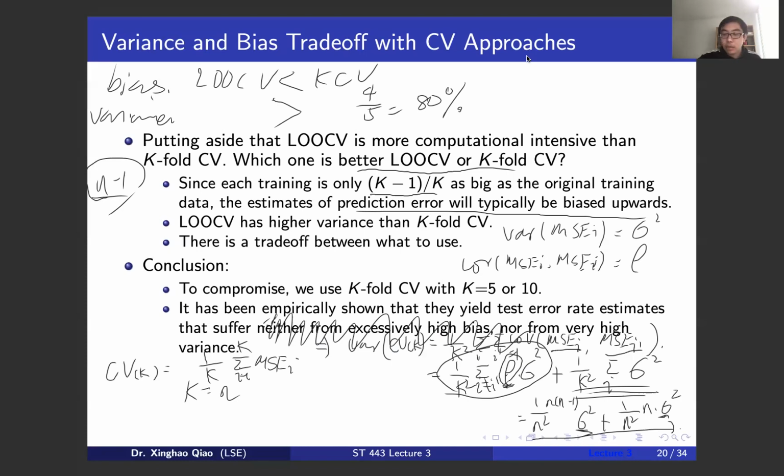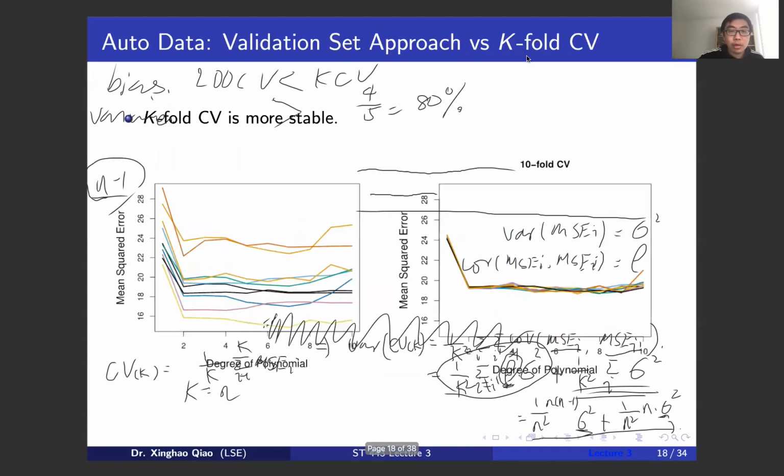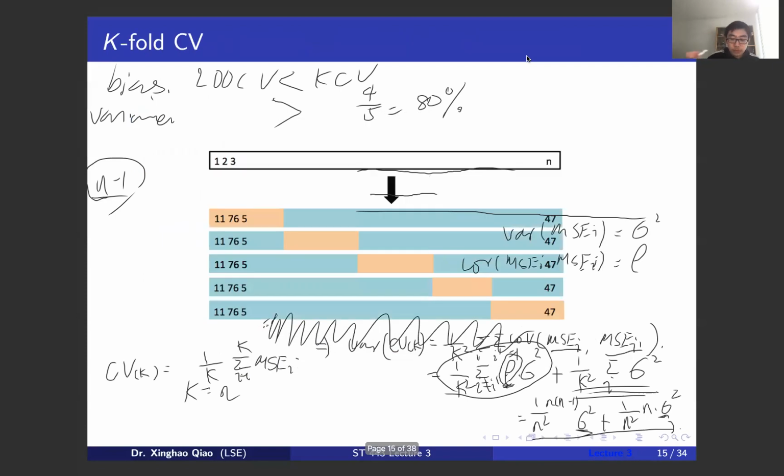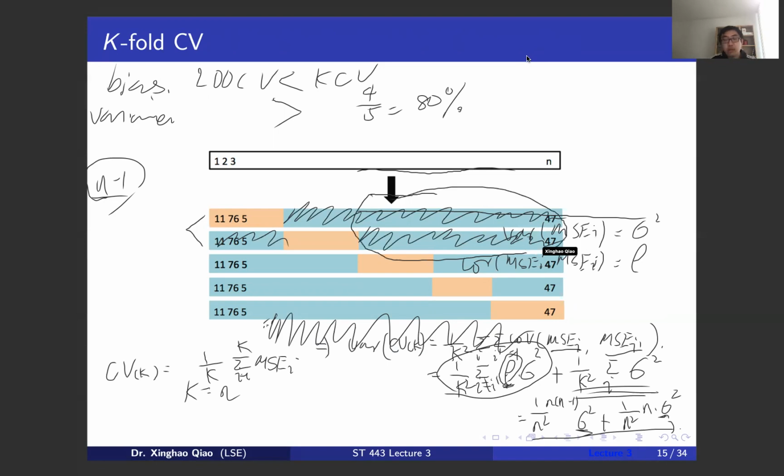Look at an illustrative example here. Consider the training data sets of the first fold and the second fold. In the first fold, this part is treated as the training observations, and in the second fold, this part is the training data, and the common observations are the circled part.